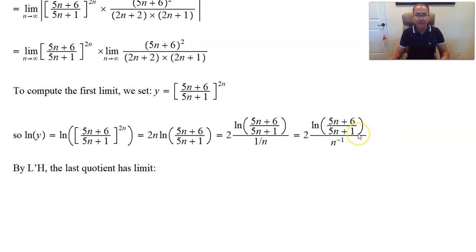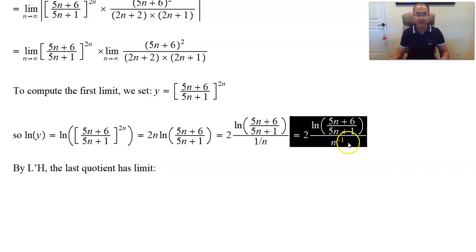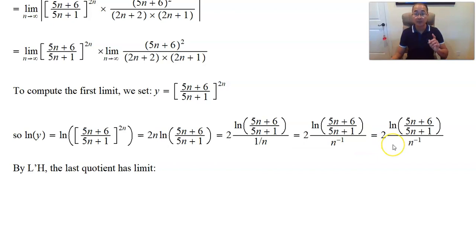Oh, by the way, remember the trick that we did when we saw this. We can distribute the numerator, again using the properties of the logarithm, this time the quotient property. So we have ln of 5n plus 6 minus ln of 5n plus 1.